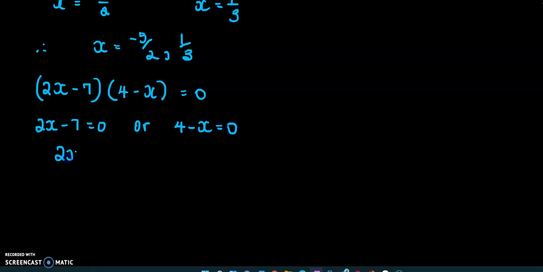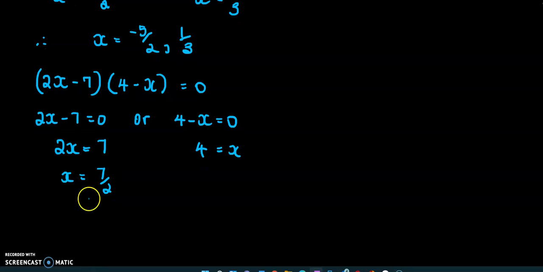So you're going to get 2x is equal to 7, x is equal to 7 over 2. Or we have 4 is equal to x. So our solution now is x is equal to 7/2 or 4. So this is when we have the algebraic products being equal to 0.